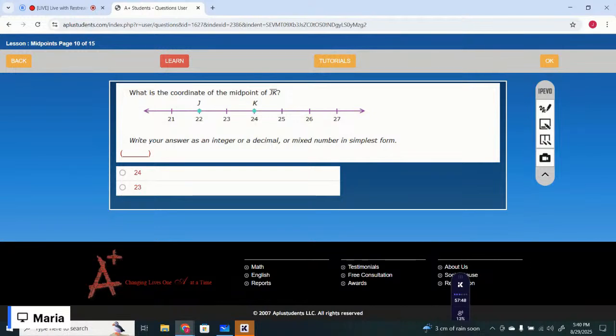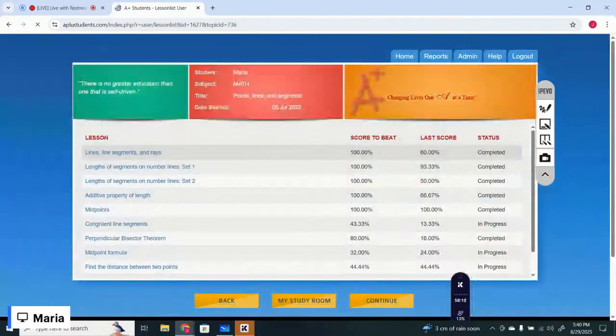What is the coordinate of the midpoint of JK? That is 23. Option number 2 is the correct option. Okay, you can complete the lesson by yourself later today.